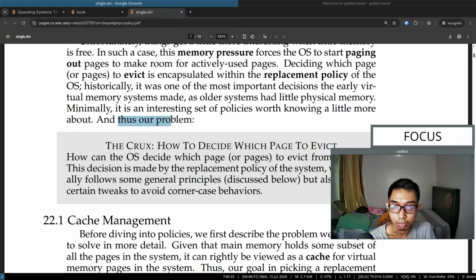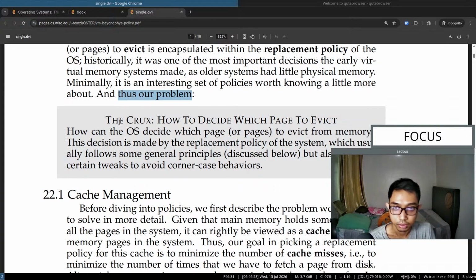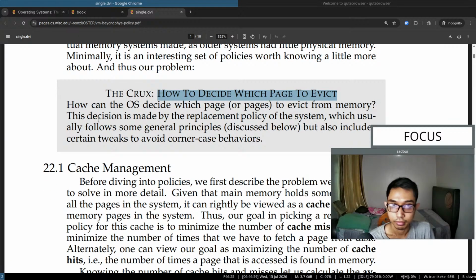And thus our crux of the problem here: how to decide which page to evict. How can the operating system decide which page or pages to evict from memory?